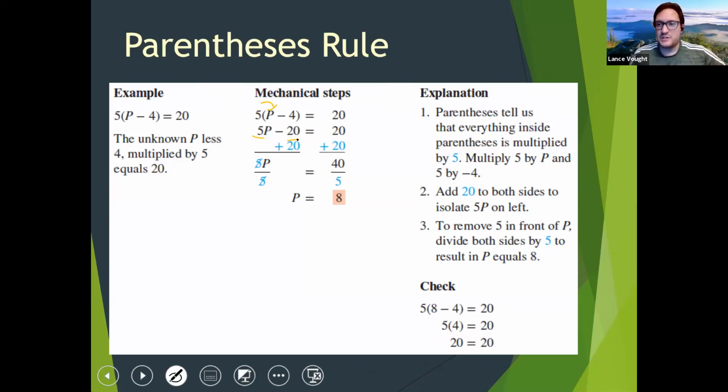We do the multiplication or division second. We do the addition or subtraction first. So we add 20 to both sides for equality purposes. So this cancels out. 20 plus 20 equals 40. So we now have 5p equals 40. In order to get p by itself, we divide by 5, because then it turns it into a fraction that's 1. Divide both sides by 5, p is equal to 8.